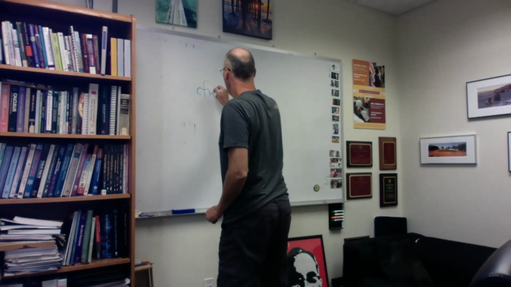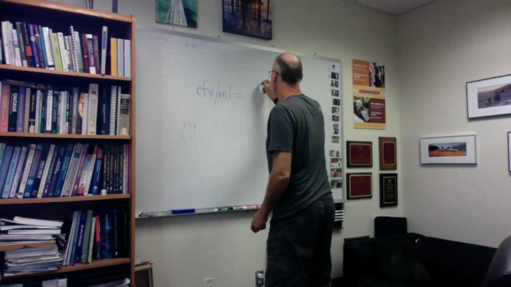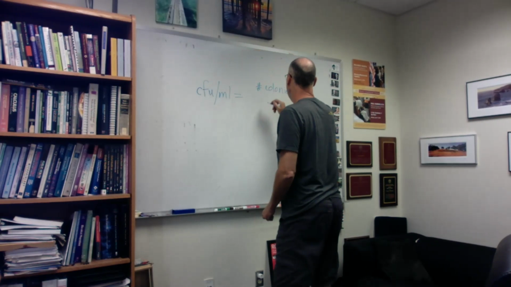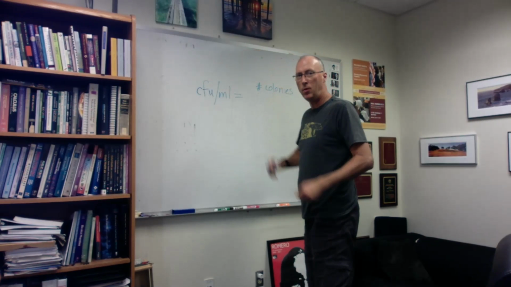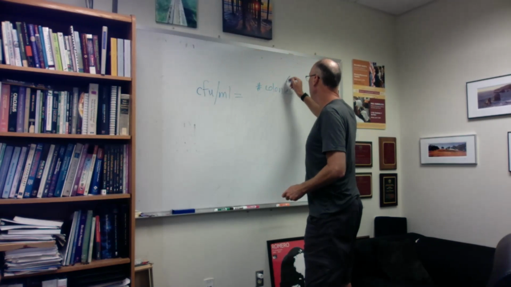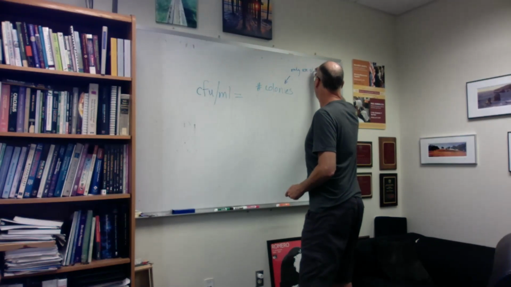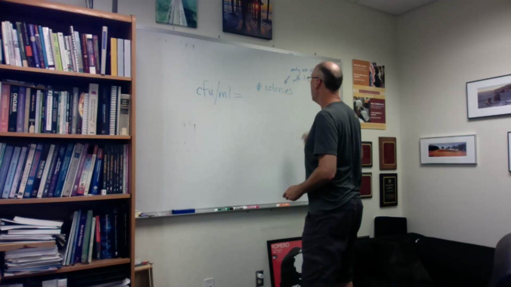So the CFU per mil value would be equal to the number of colonies on the plate, right? So that, you know, could be anywhere from 0 to thousands, but we're only going to use plates with 1 to say 300 colonies for this calculation.